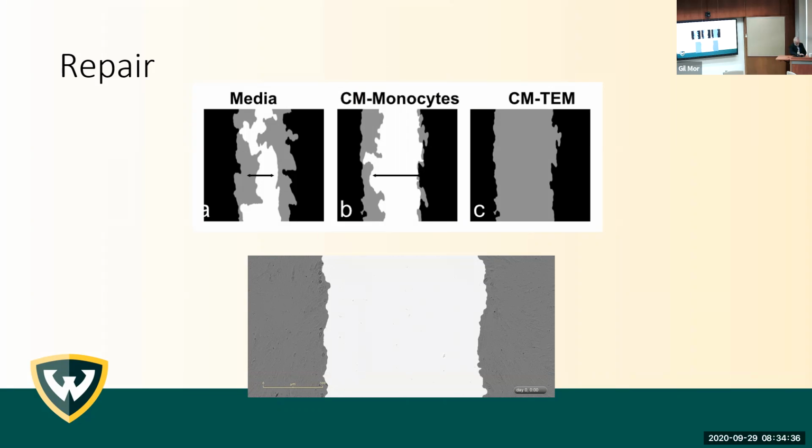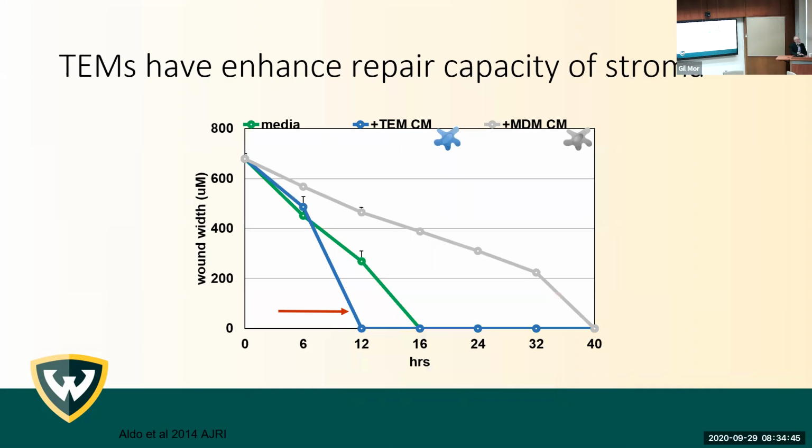Let me show you the quantification. There is a movie here, I don't think you can see because of the background. In the presence of decidual macrophages, or what we call the trophoblast educated macrophages, which is this blue line, this is the time that it takes to repair. The factors secreted by these trophoblast educated macrophages repair within 12 hours.